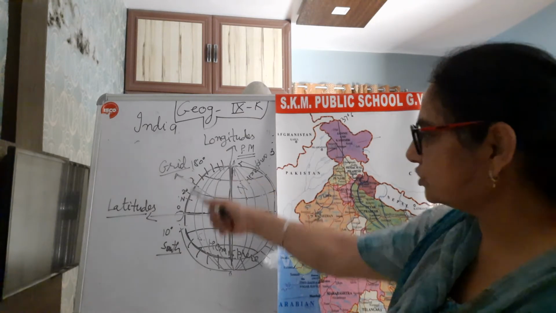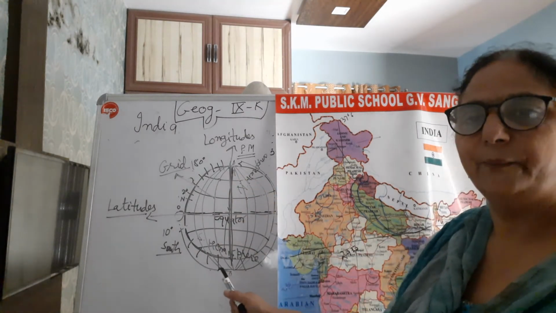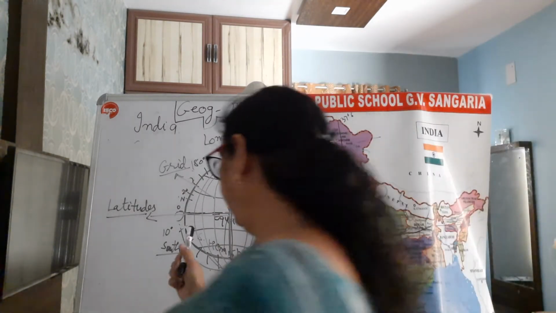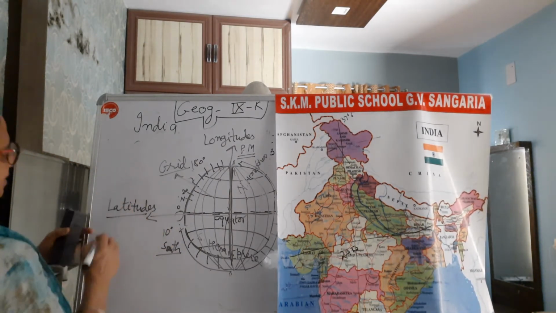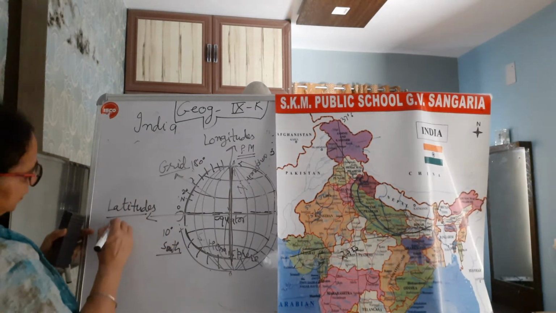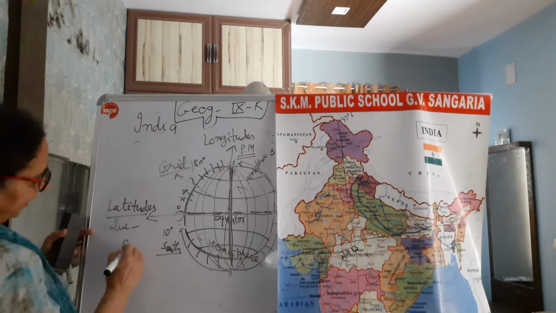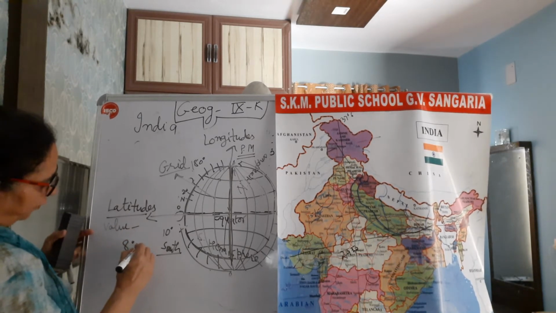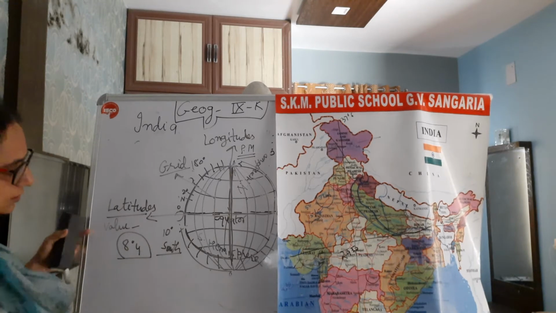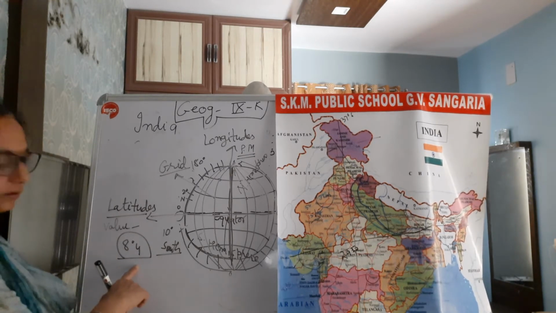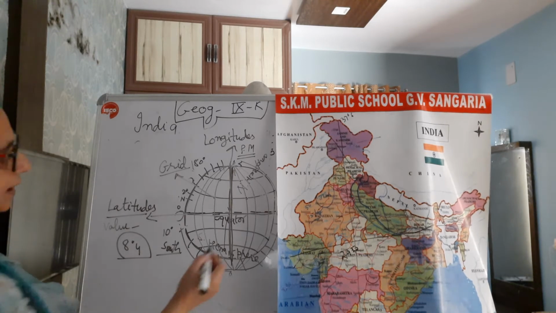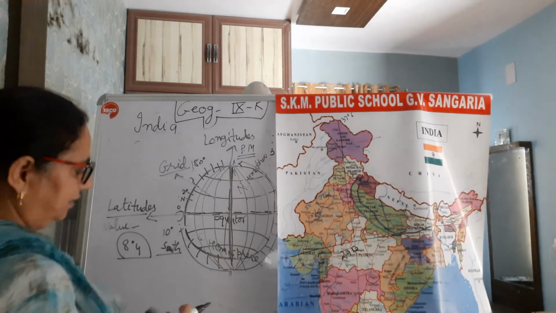Suppose we have to search for India here, right? I'll tell you that the latitudinal value of India is 8.4 degree north. So this is the equator, right?